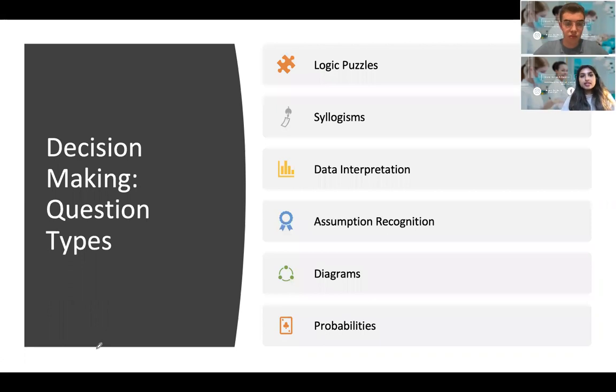The types of questions you'll get with decision making, there's quite a few. As I mentioned before, you'll have logical puzzles, syllogisms, data interpretation, assumption recognition, diagrams, and probabilities.